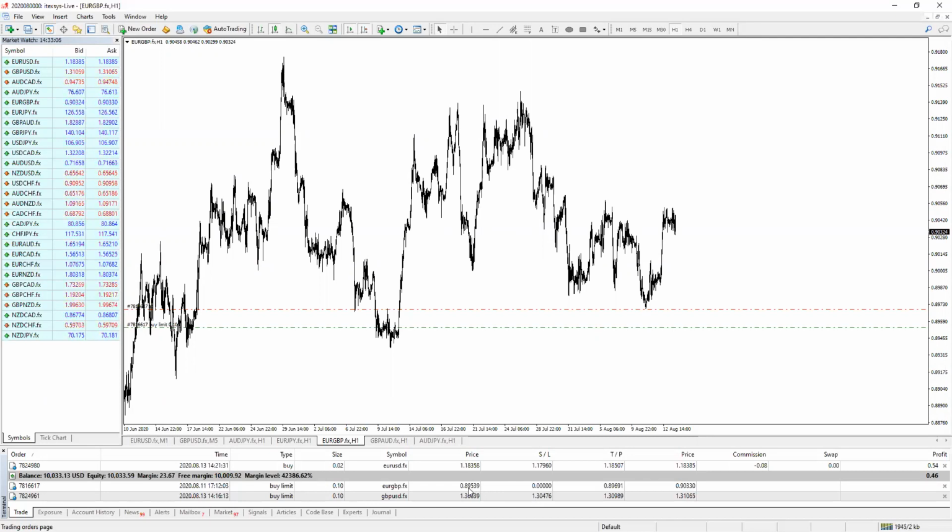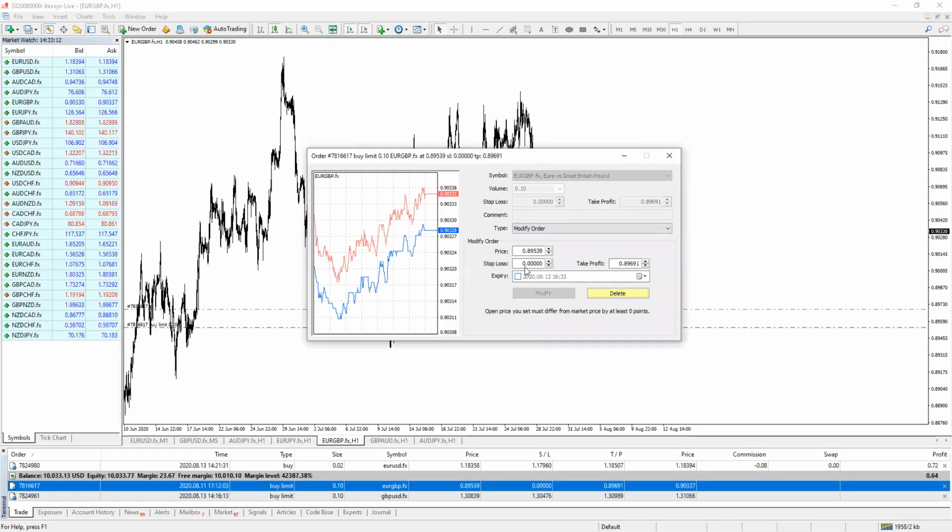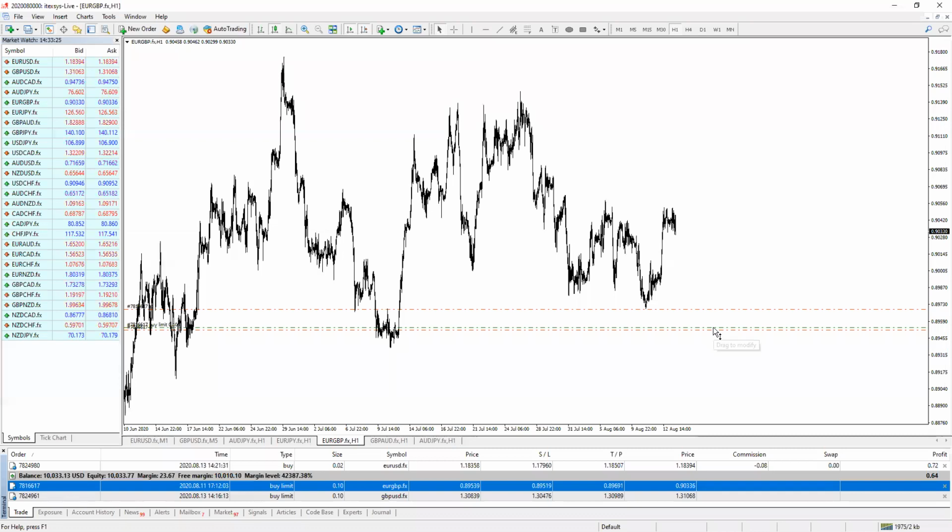Let's see if there's no stop loss here. That's a very wrong thing to have. So let's take care of that. Try to push it a little bit lower, and so we can just take it.